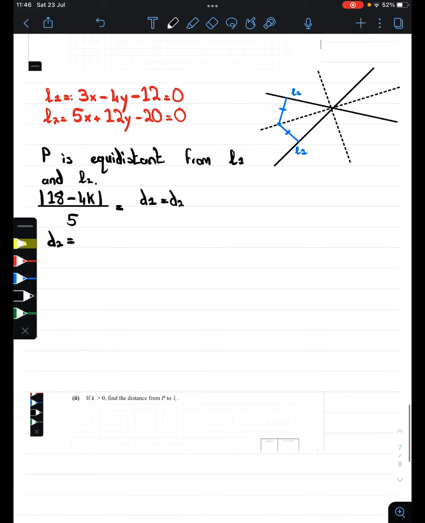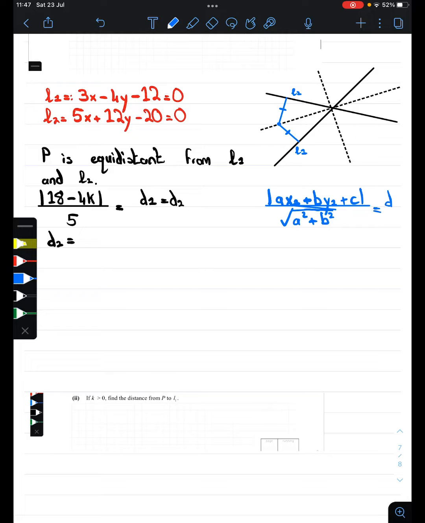All right, so let's calculate D2, the distance from P to L2. D2 equals, using our formula again, let's put our formula in here. Always good to write down your formulas. If you get it wrong, they know you were using the right formula. Ax1 plus By1 plus C over the square root of a squared plus b squared equals our distance.